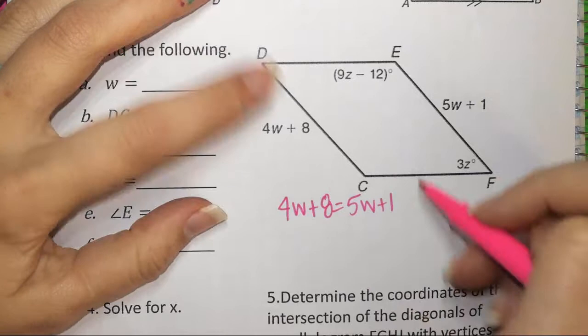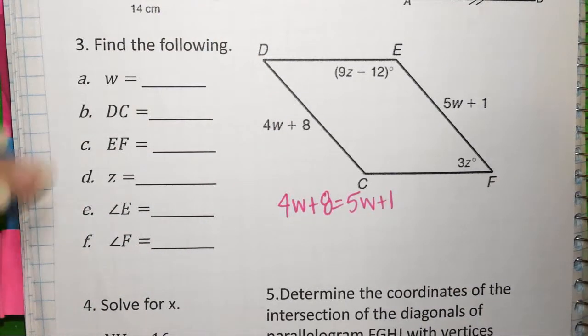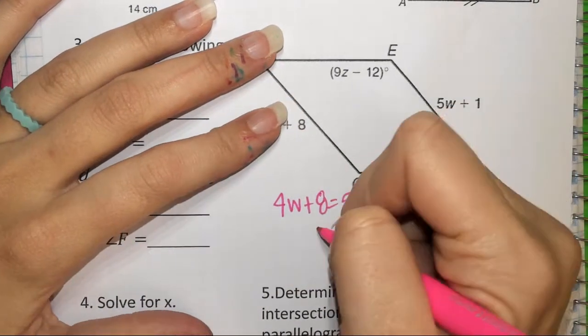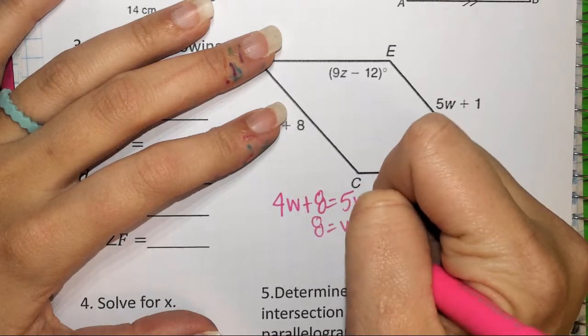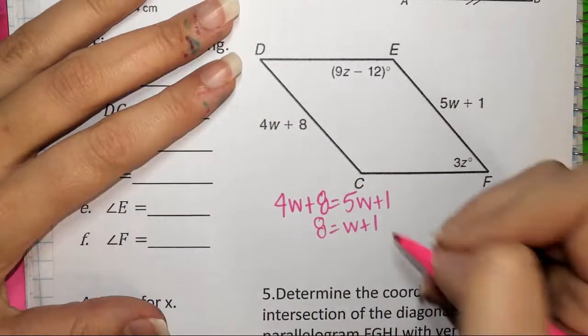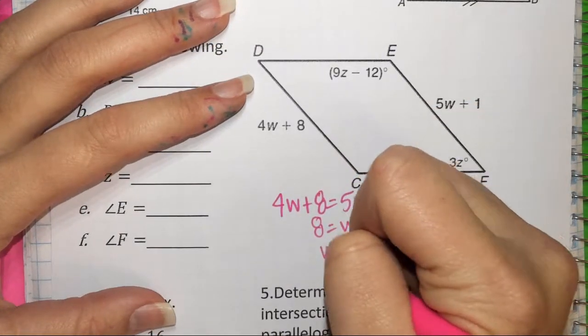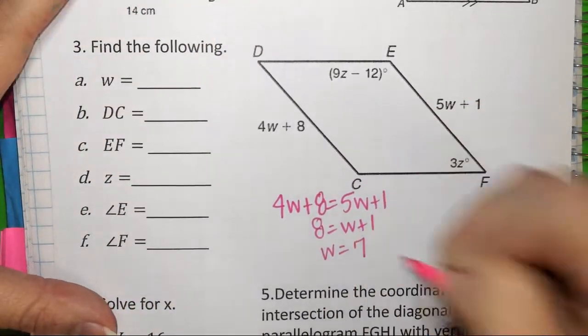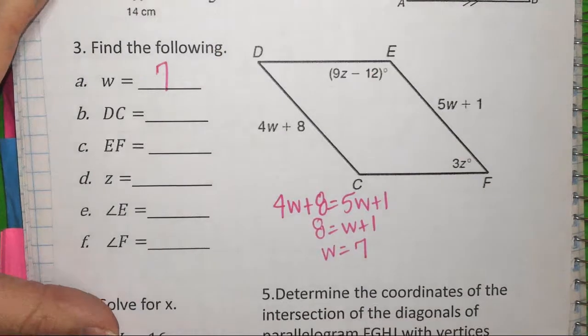I'm going to move my 4W first so I get my W by itself. So we would subtract 4W and we would get 8 equals W plus 1. And then what? Subtract the 1. And what does W equal? 7.